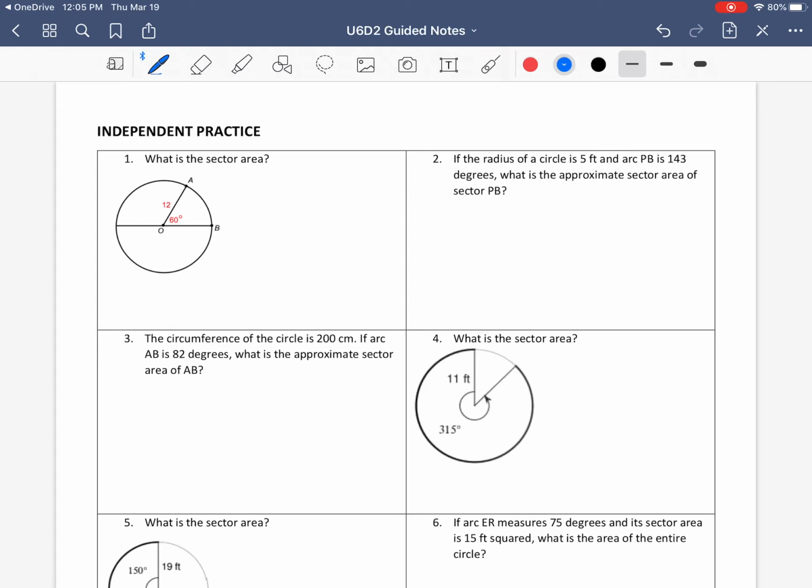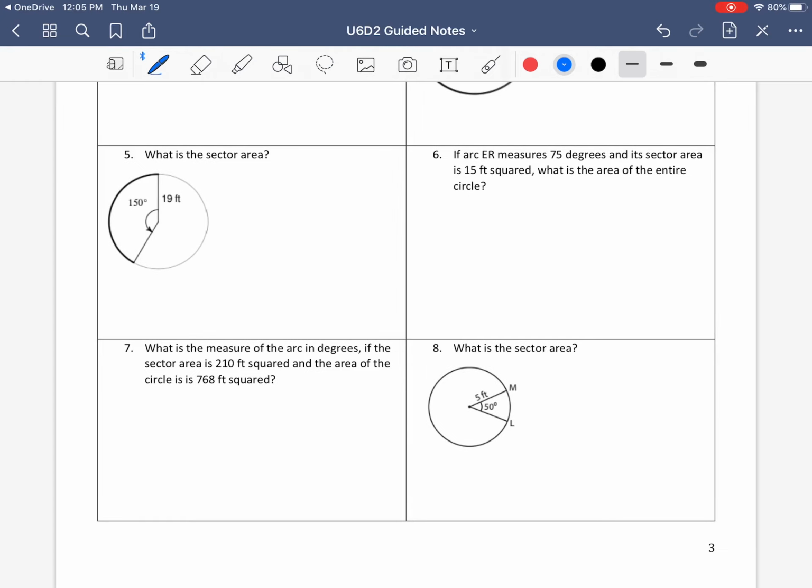You will have to take a picture of that separate sheet of paper to upload when you submit your exit ticket. Make sure you're labeling this with Unit 6, Day 2, Sector Area, and please make sure you also have your name written at the top. Okay, there are 8 questions for you to practice.